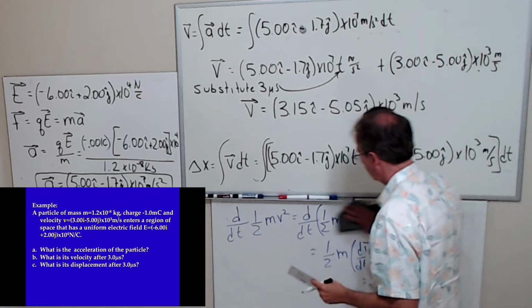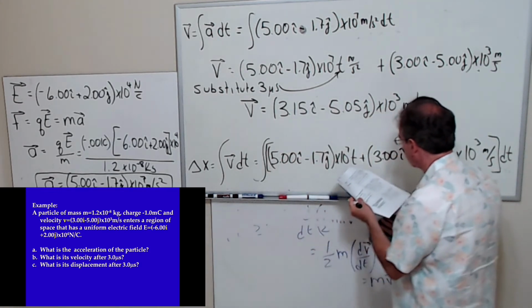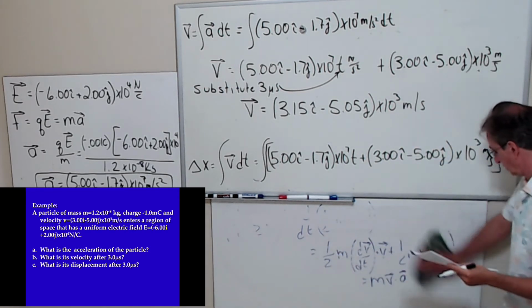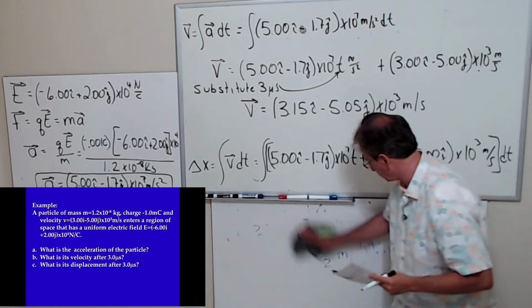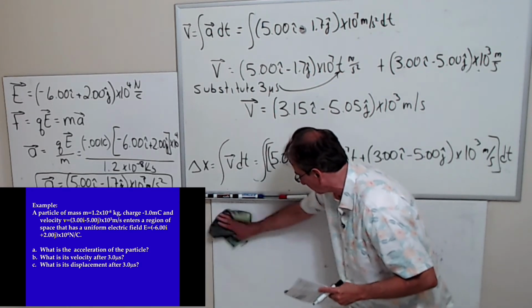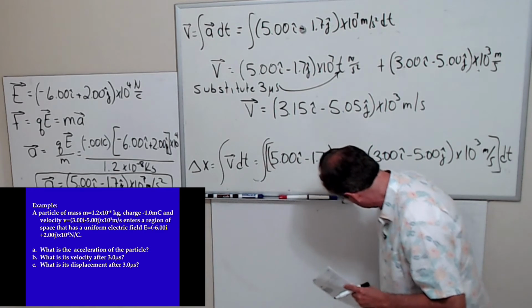So, of course, you know when you integrate t, you get t squared over 2. When you integrate this term, you just get t. Typically, in this class, the integrals are not hard to do. What's hard to do is setting them up.